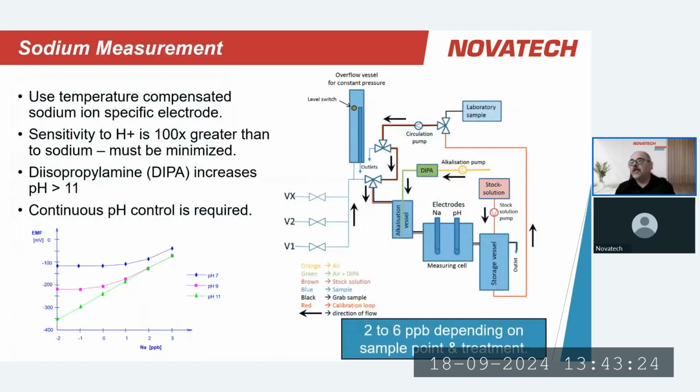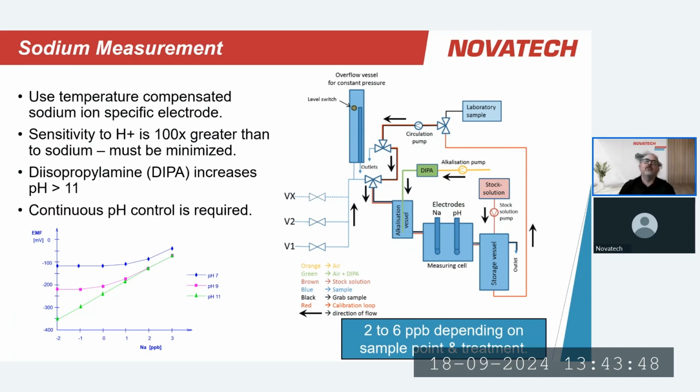The way it's done is relatively simple in that we can source ion-specific electrodes, and in particular one that is specific to the sodium ion. However, it's still sensitive to hydrogen ions. So even though we have an electrode that is specific to sodium, it will respond to hydrogen.